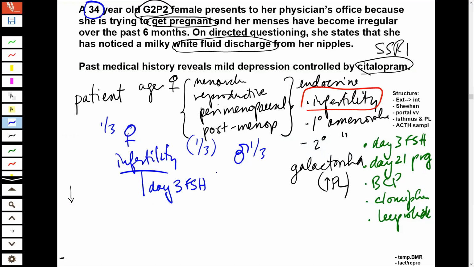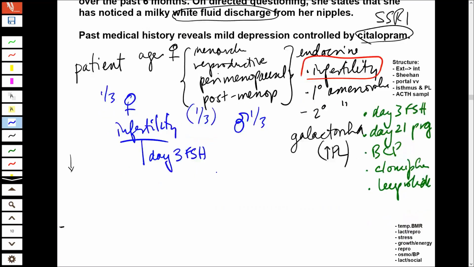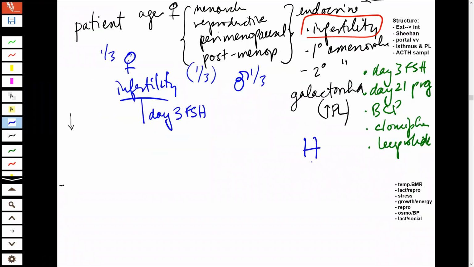Why is that? Has everyone got a picture of the endocrine system in their brain? Everyone can see the normal cycle. Every time I say female repro, I'm assuming you've got this.